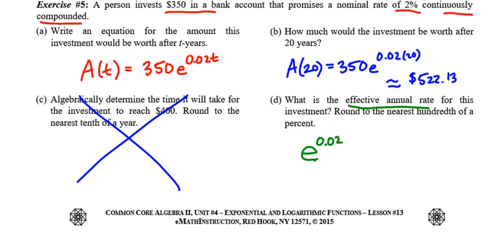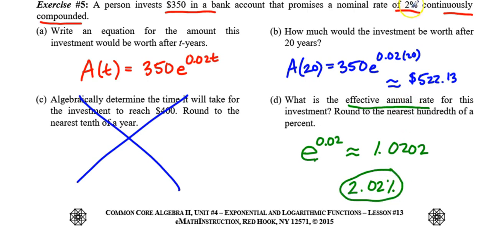And if we raise e to this power, 0.02, we get 1.0202, which we can interpret here to the nearest hundredth of a percent. That's about 2.02% effective rate, a little better than the 2% nominal rate. That's the effective rate per year.